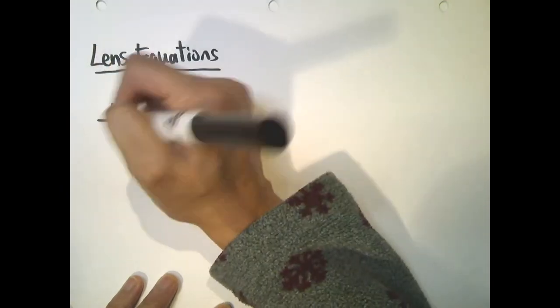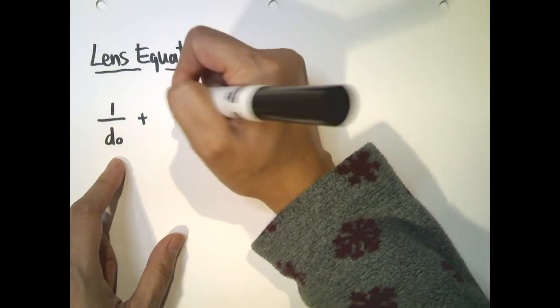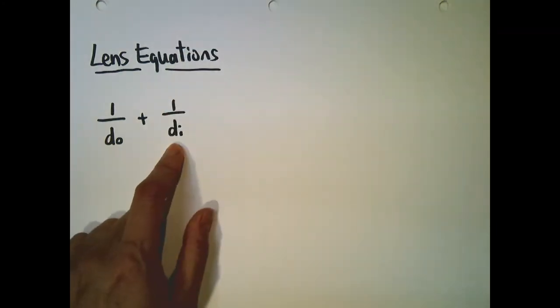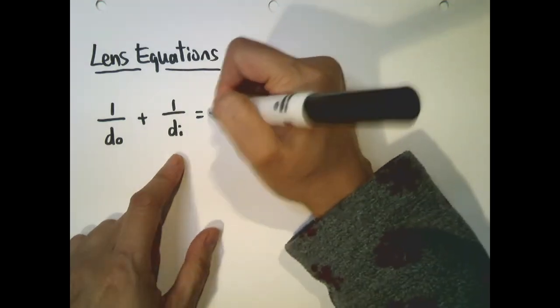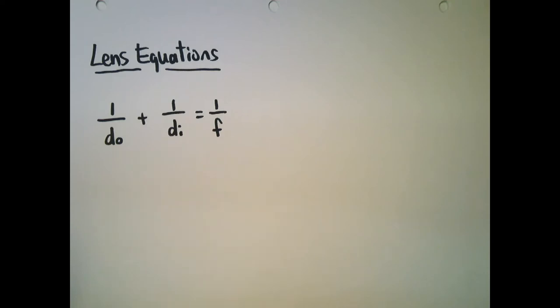The formula looks like this: 1 over dO, where dO is the distance of the object to the lens, plus 1 over di, which is the distance of the image to the lens, is equal to 1 over f, which is the focal length or the focus, the distance from the lens to the focus.